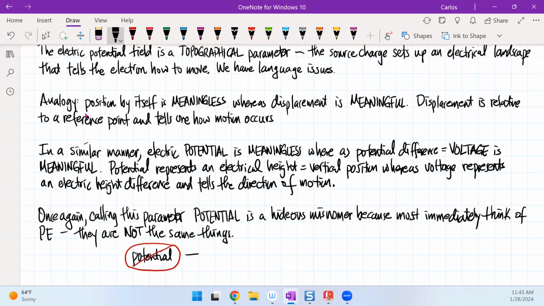We start that it's a topographical parameter, or a lot of the times I call it the landscape parameter, so that there is no connection between potential and potential energy.